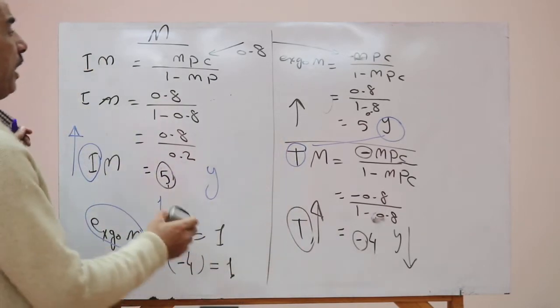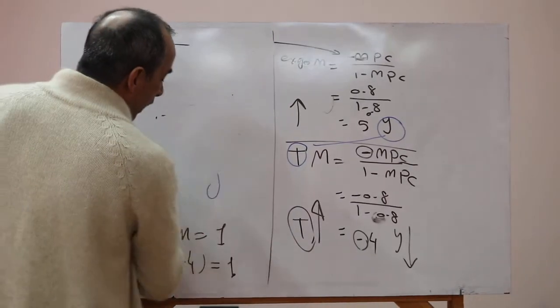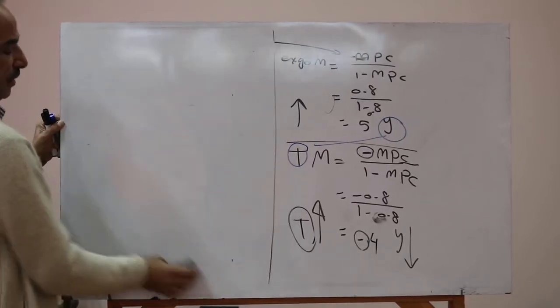In this example, we were asked for the expenditure multiplier. Now we require the MPC.